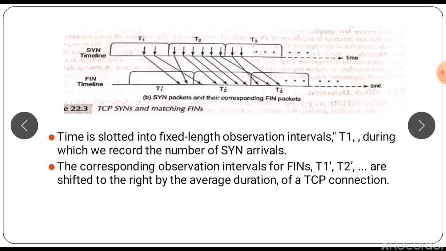The corresponding observation intervals in the FIN timeline are T1 dash, T2 dash and T3 dash, and you can see this FIN time interval is shifted right by the average duration of a TCP connection, because the SYN will always arrive first. The FIN will show termination of the connection.